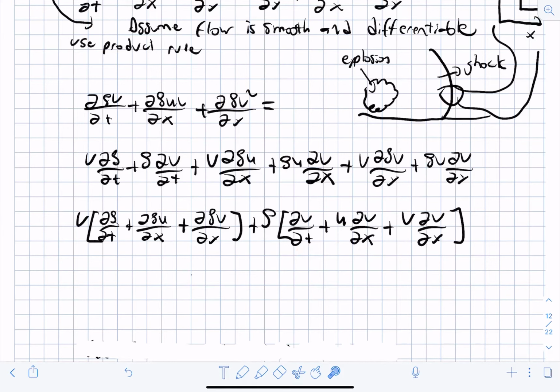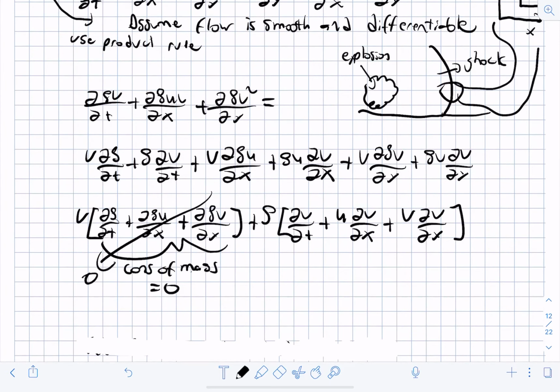Well, these terms here should actually look familiar. This equation here, that's just conservation of mass. So this term equals 0 because it's just conservation of mass. So this goes away.